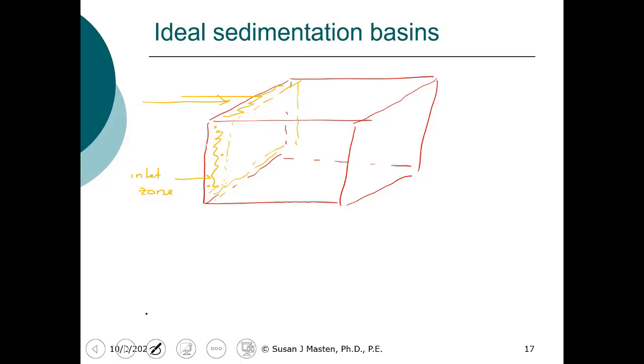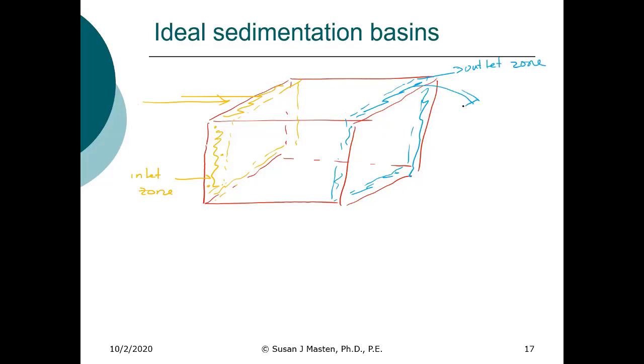We also have an outlet zone. That is this area here. So this is our outlet zone. We have flow out of the system here. Again, we'll assume that we don't have settling in that outlet zone.